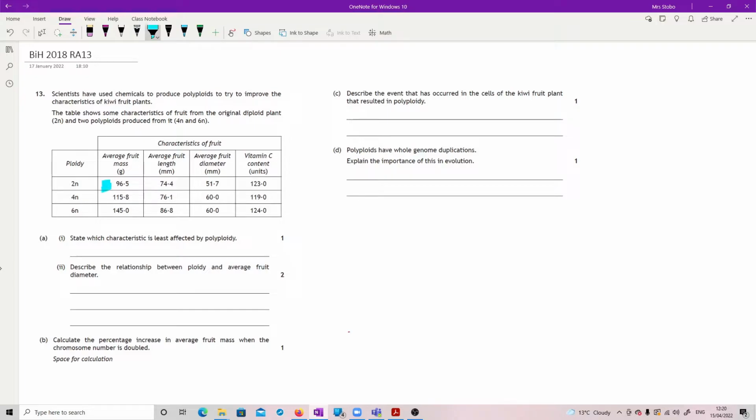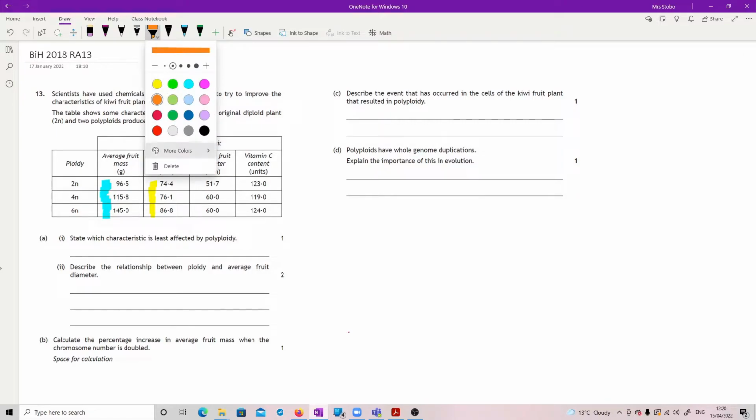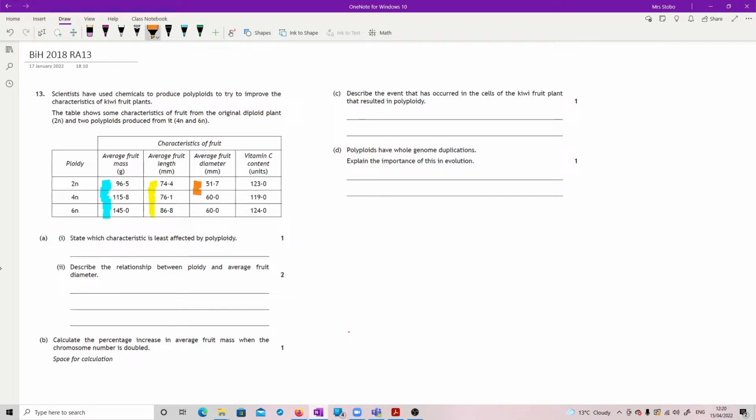So we have the average mass of the fruit, 96.5 going up to 145. That is a pretty big change. Okay, we've got our fruit length, 74.4 going up to 86.8. Again, that's a reasonable change. Okay, our fruit diameter, 51.7 increases to 60 and then stays the same.